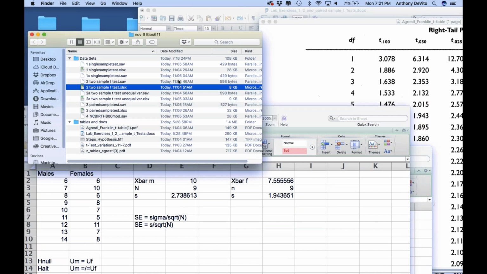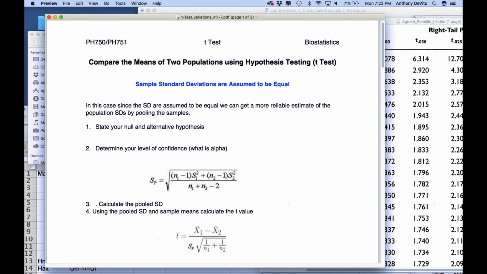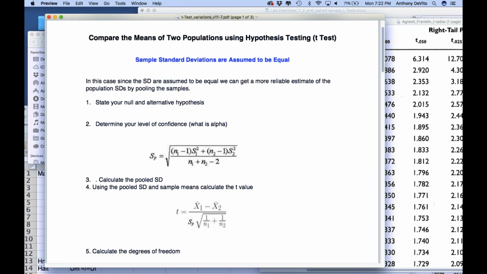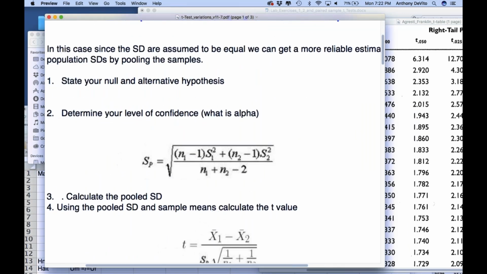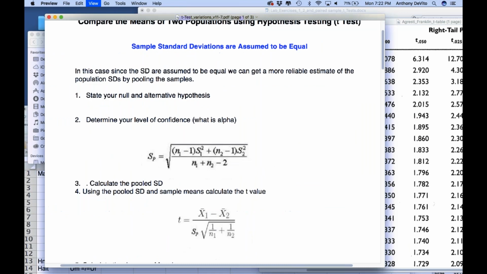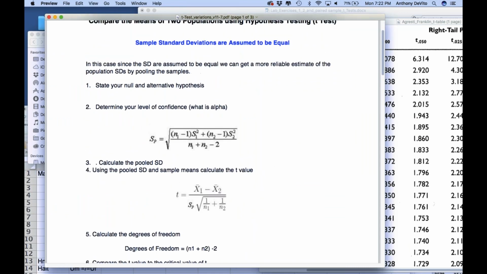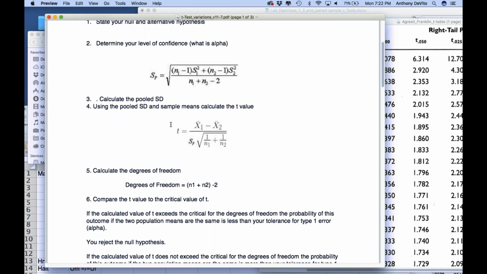On Blackboard again, there's another document called t-test variations, and you just saw this in the lecture. In this one, we have formulas for situations where we want to calculate the z-score or the t-score. We don't know the population standard deviation, so we're usually looking at the t-score unless the sample sizes are very large.